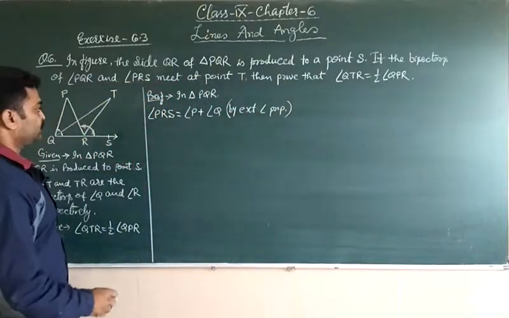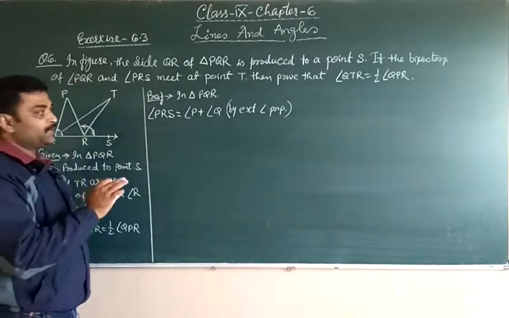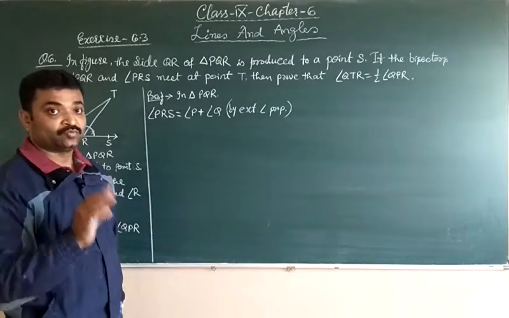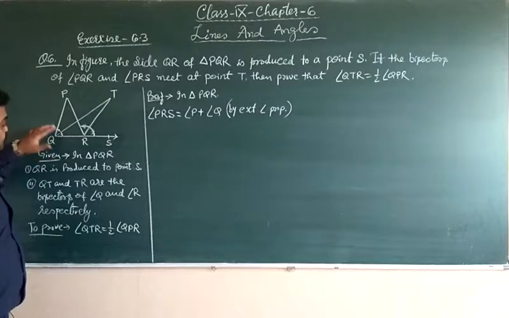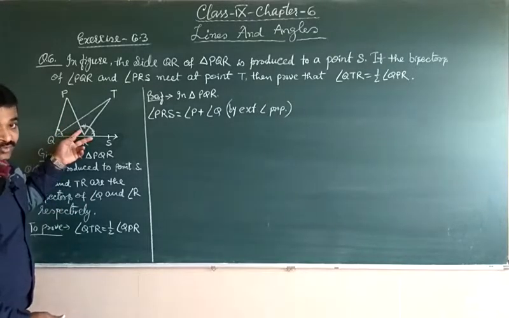Clear? Okay. See, multiplying both sides by 1/2, or all the angles are divided by 2. Why? Because here angle Q is divided into 2 equal parts and angle R is also divided into 2 equal parts.